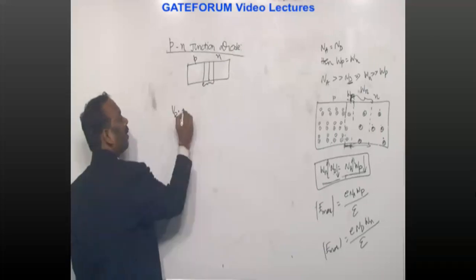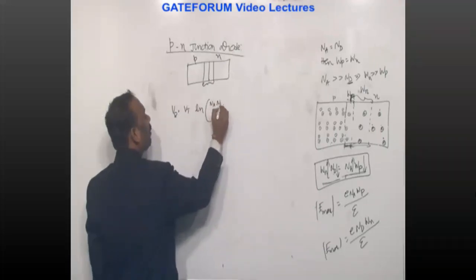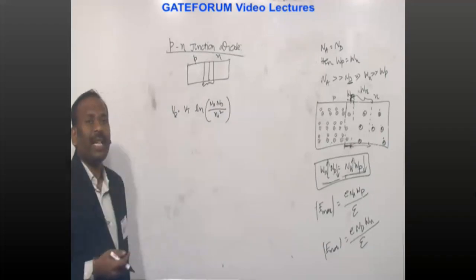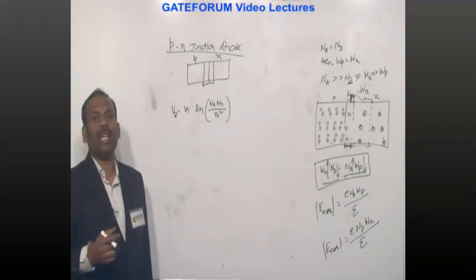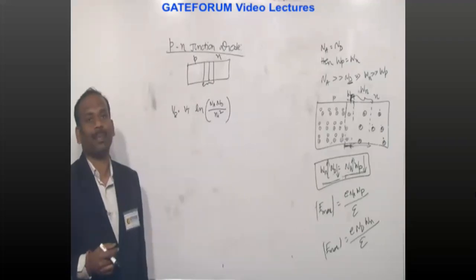It is given by Vt ln(Na Nd / Ni squared). What are Na, Nd, Ni? Acceptor impurities, donor impurities, intrinsic concentration.